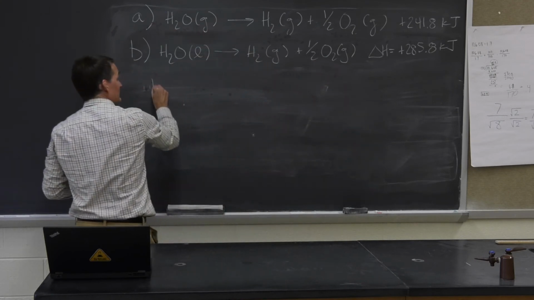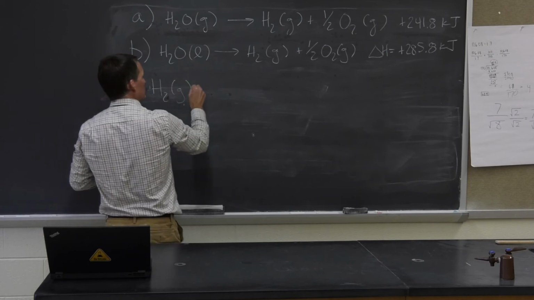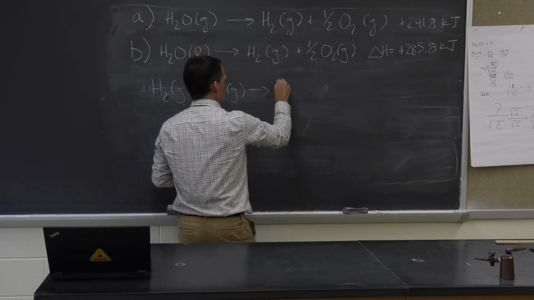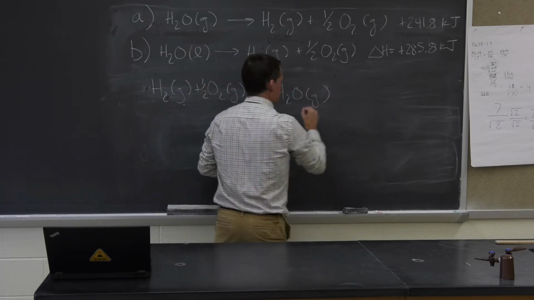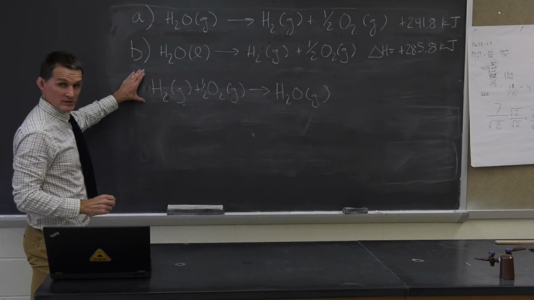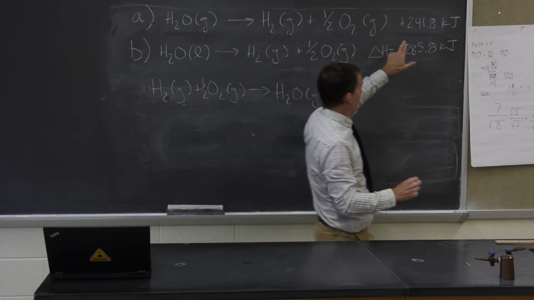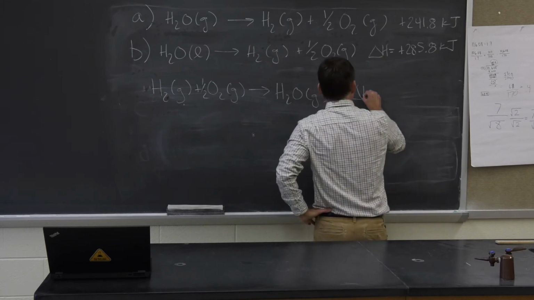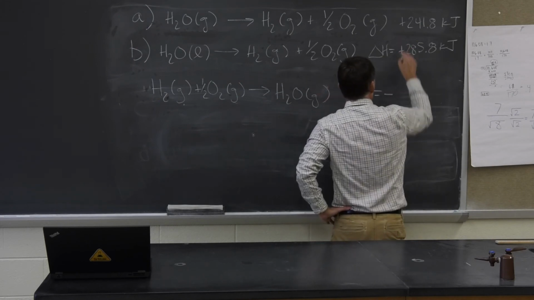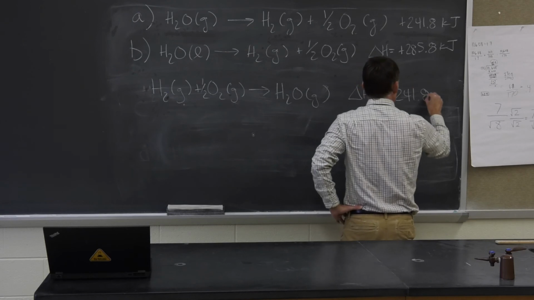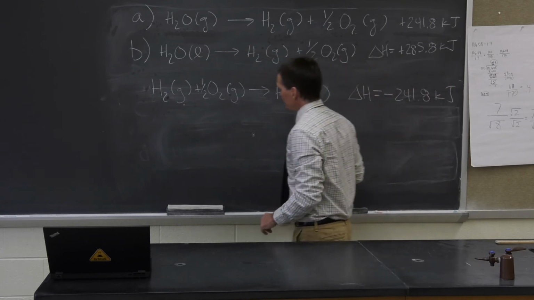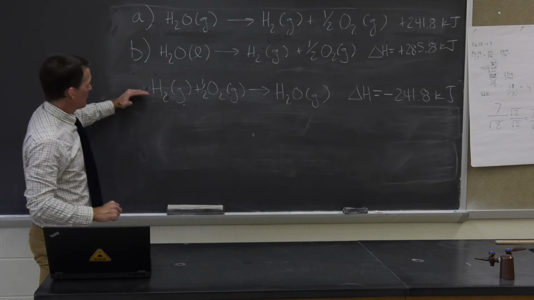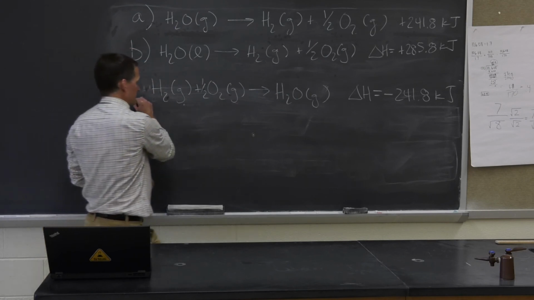So it's going to look like this: H2 gas plus half O2 gas goes to H2O gas. And if I do this, the enthalpy change, you've already done this, needs to change sign. So delta H for this is going to be a negative 241.8 kilojoules. Now I'm going to take this reaction here and add to it this reaction here.